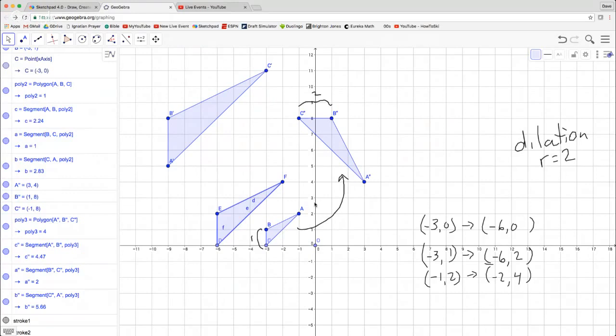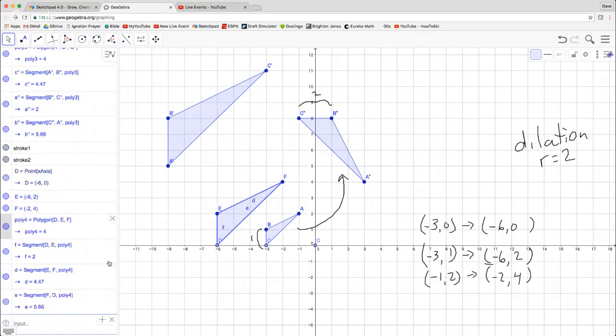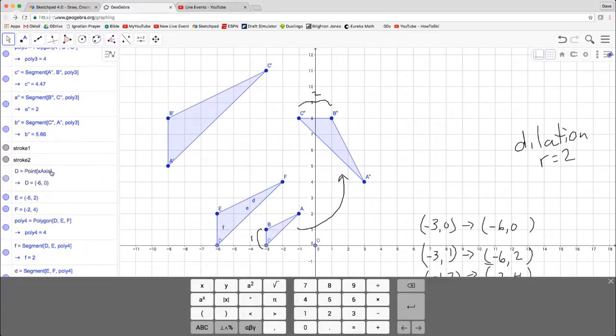Okay, so now what we've got to do, remember, this goes all the way back to lesson 8M2. Remember how we show that two triangles are congruent through rigid transformation. Let me see if I can get this thing straightened out over here.